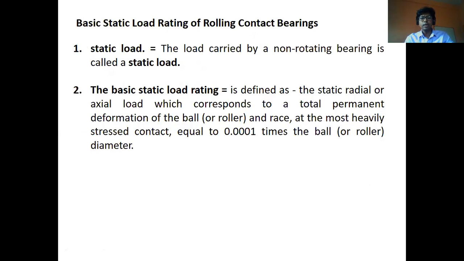Now, for static load and dynamic load conditions, there are some symbols and terminology you need to know. C is the dynamic load capacity, C0 is the static load capacity. Then axial thrust is FA or WA, and radial thrust is FR or WR.